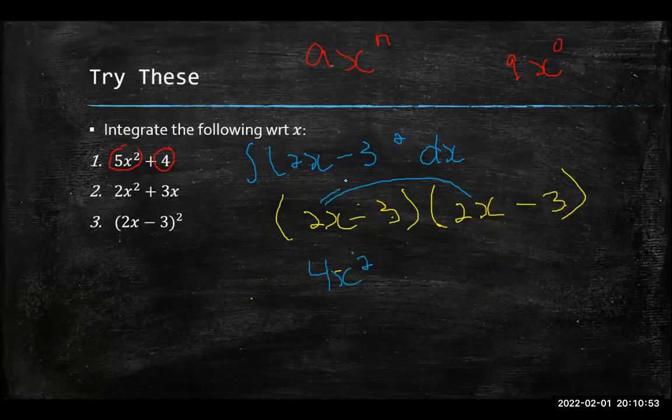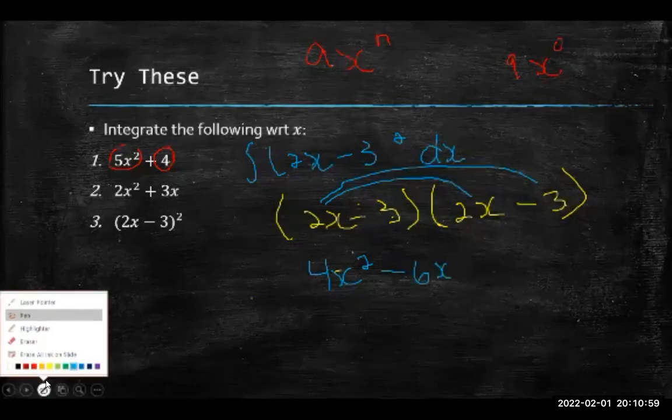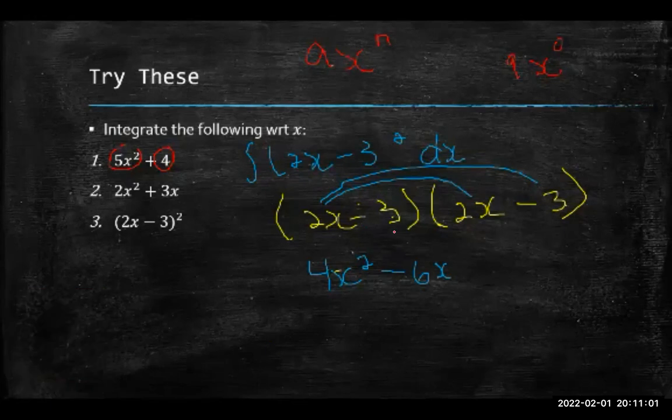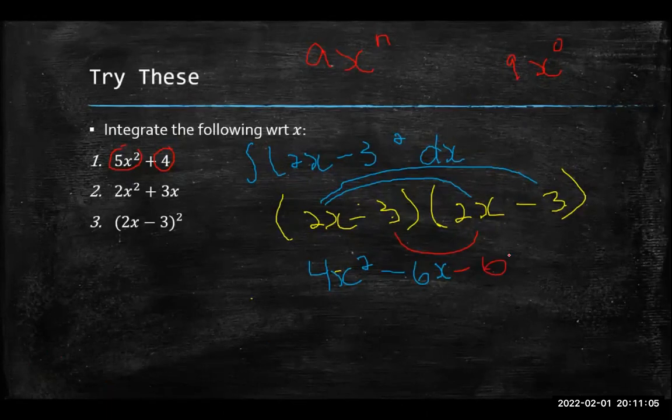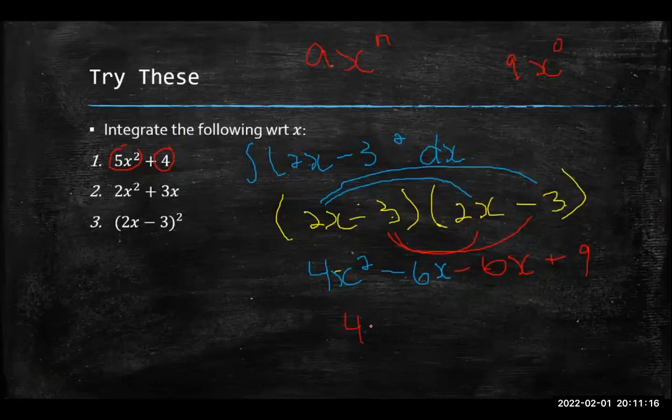Then 2x by minus 3, which gives me minus 6x. Then I do the same for the next term: minus 3 by 2x, which is minus 6x. And then minus 3 by minus 3 is plus 9. Minus 6x minus 6x is minus 12x. Hence, the expression that I'm now going to integrate is this.